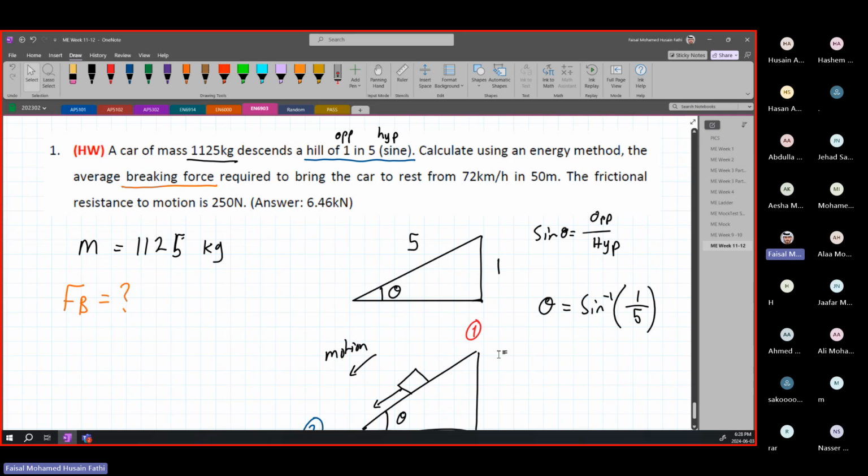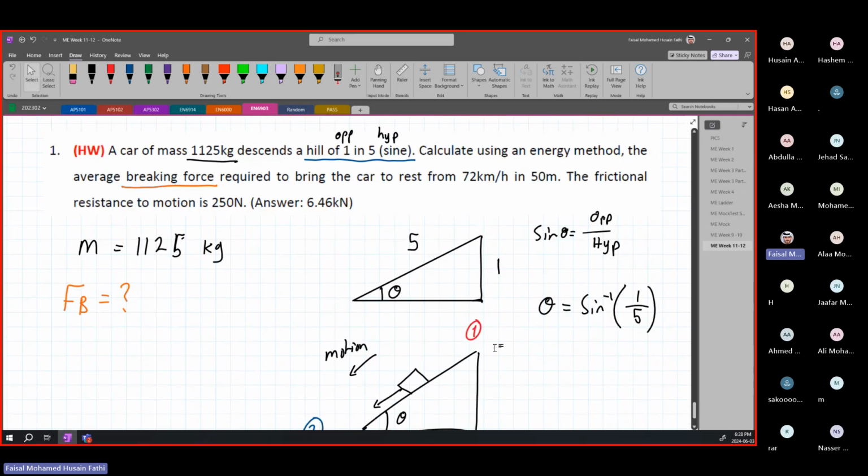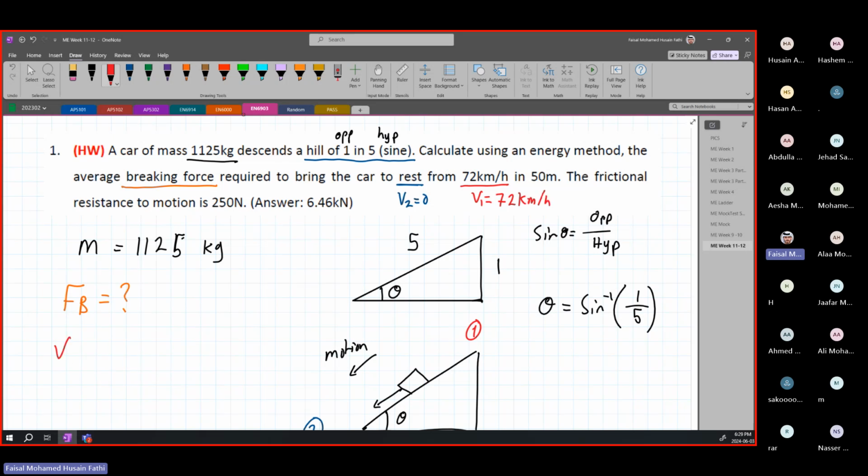Let's understand what this car is starting from and where it ends. So it says from 72 to rest, meaning V2 is equal to 0 and V1 is equal to 72 kilometers per hour.